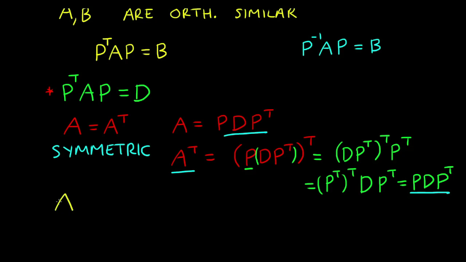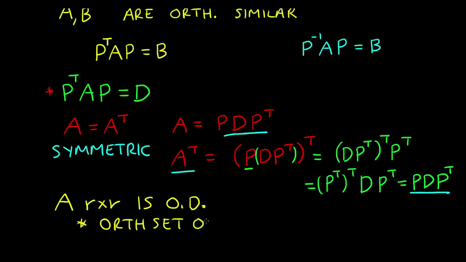So a square matrix A, having the same number of rows as columns, is orthogonally diagonalizable if it has an orthogonal set of eigenvectors and if it's symmetric.